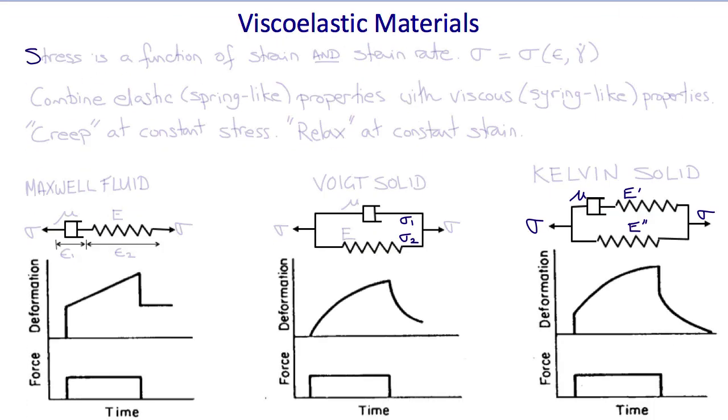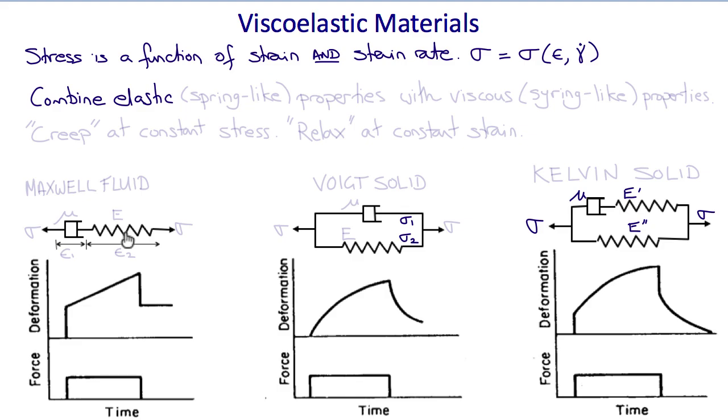A more complicated class of material that's commonly seen in biomechanics is a viscoelastic material in which the stress is a function of both the strain and the strain rate. Viscoelastic materials combine elastic or spring-like properties with viscous or syringe fluid-like properties.